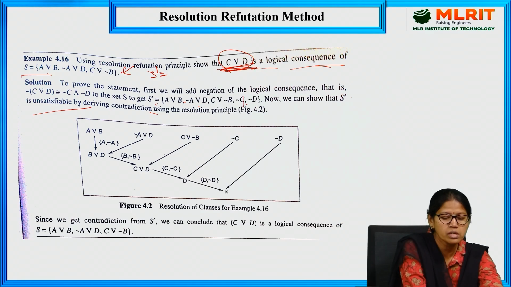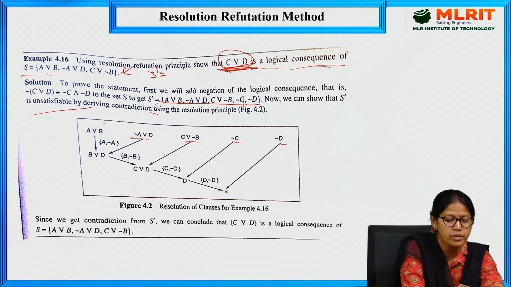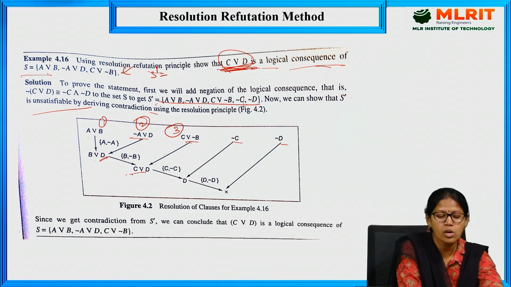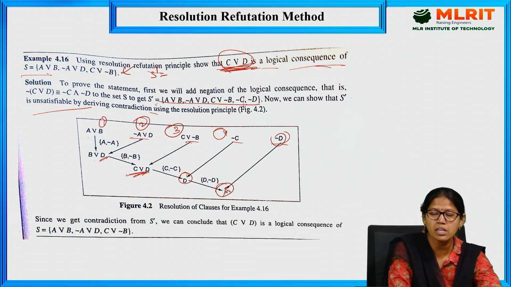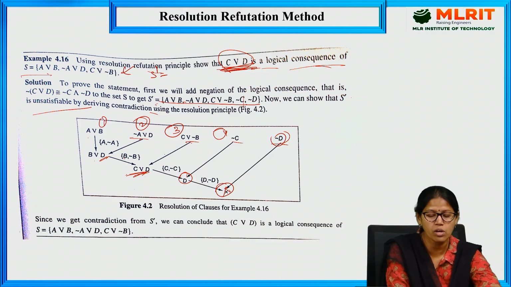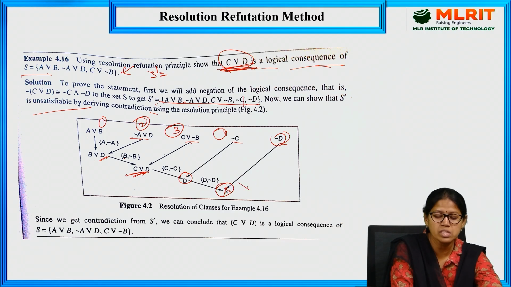We have written all the classes of S dash here. From the first and second classes, A and negation A, we got B or D. Next, from this new one and the third one, B and negation B, we got C or D. Next, from the new one and the fourth one, negation C, we got D and negation D. Then it is closed, which means nothing is left, an empty clause.